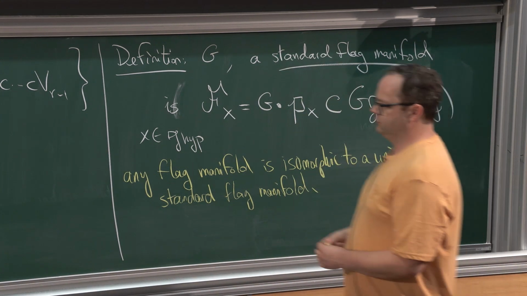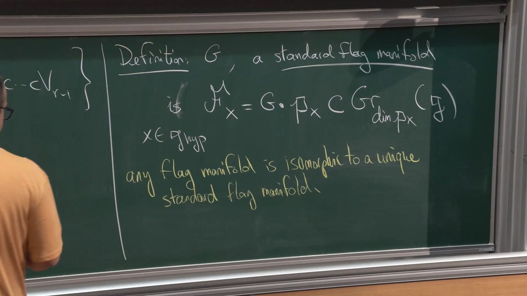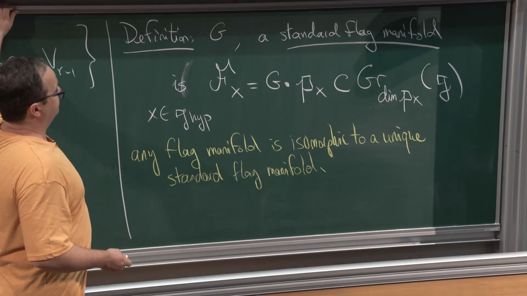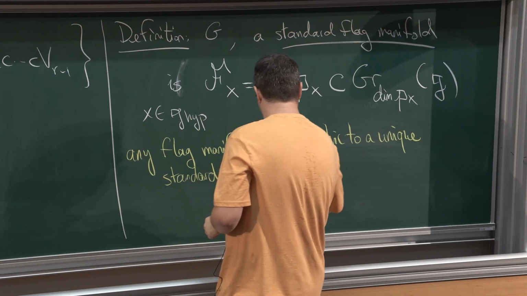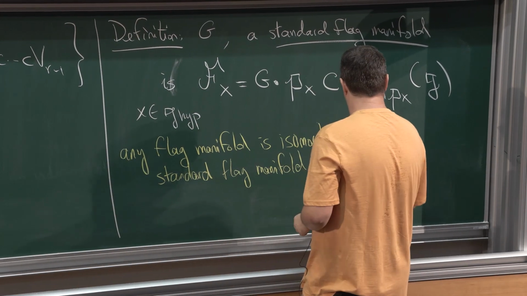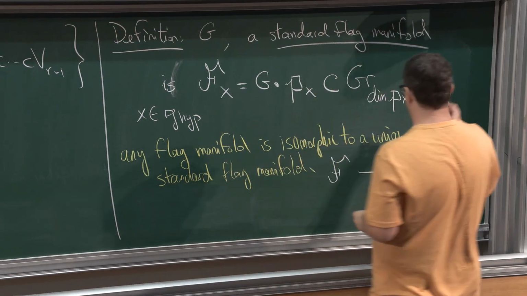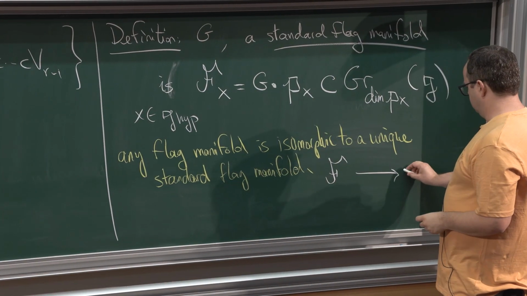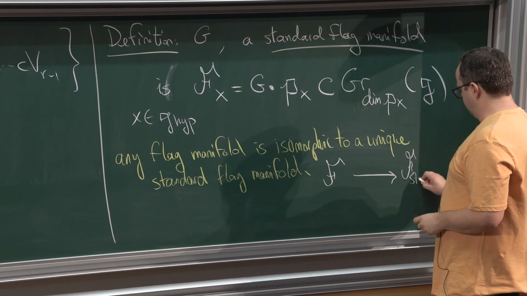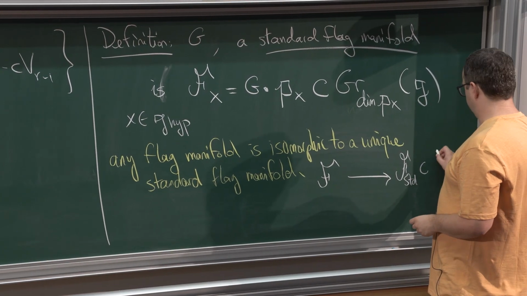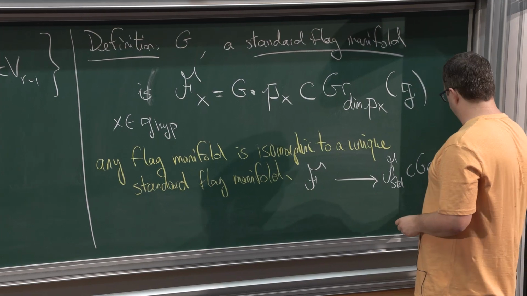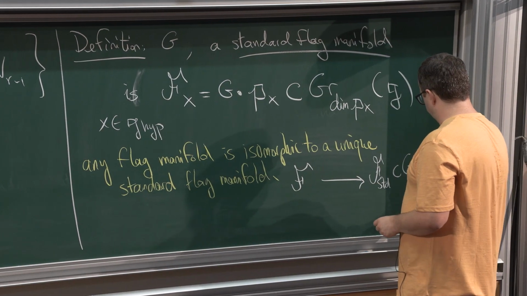Right, and this isomorphism is pretty tautological. If you have a flag manifold F, this will be going inside some F standard, some parabolic in some Grassmannian of some dimension D.